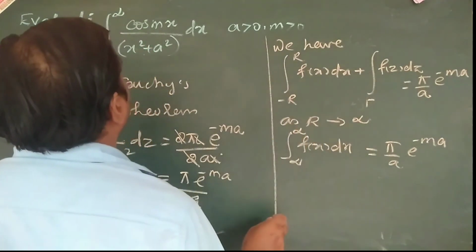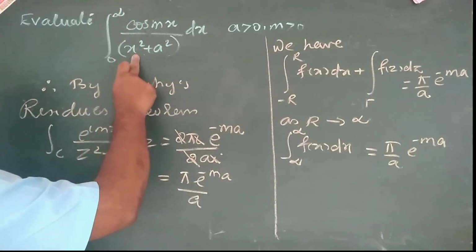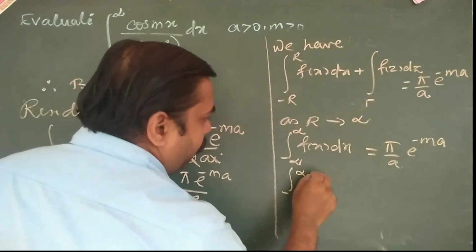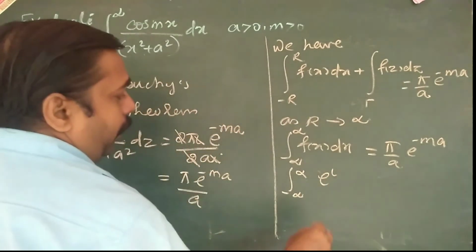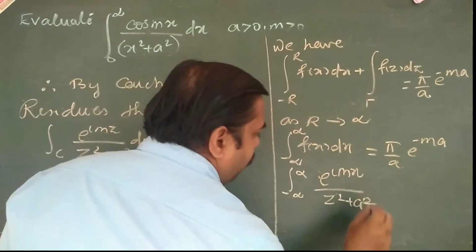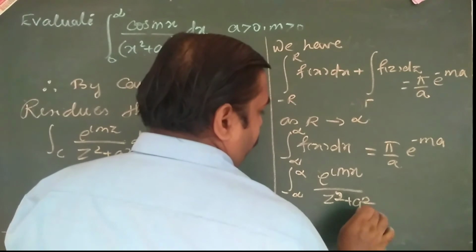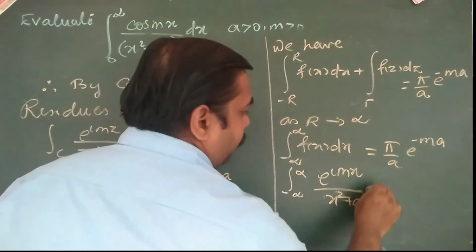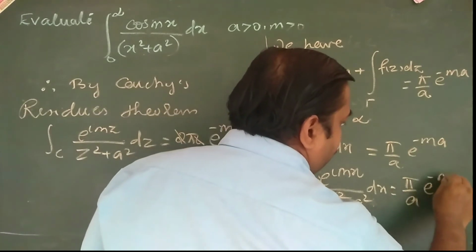So our question, what is our question? This one. So cos theta is an even function, x square is even, this whole term is even. Therefore integral minus infinity to infinity, our function is what? f of x, e raised to i mx by x square plus a square, here x only, not z, sorry, that is x square plus a square dx is equal to pi by a into e raised to minus ma.